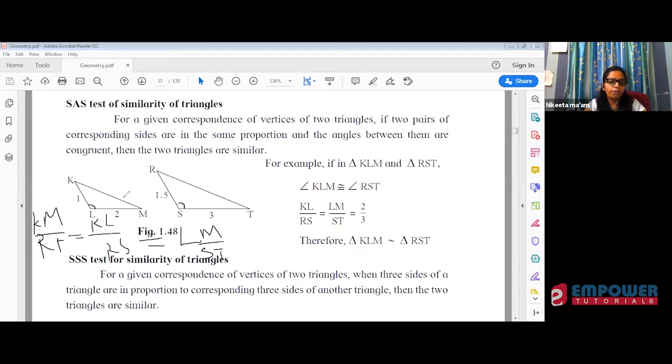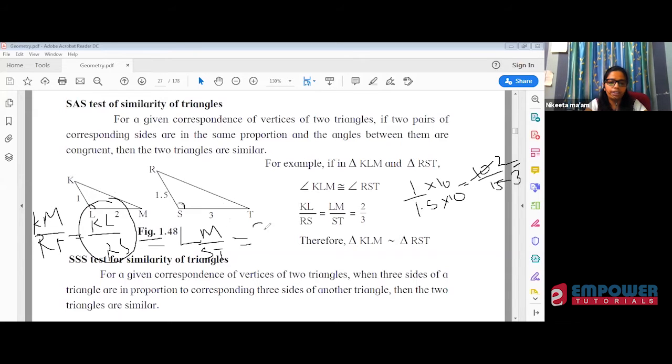So now if you see, this is 1 upon 1.5. I will multiply by 10 on both the sides. So I will get how much? 10 upon 15. So if I take 5 as a common factor from numerator and denominator, I will get 2 by 3 as the ratio of KL and RS. Now I will look for LM and ST.